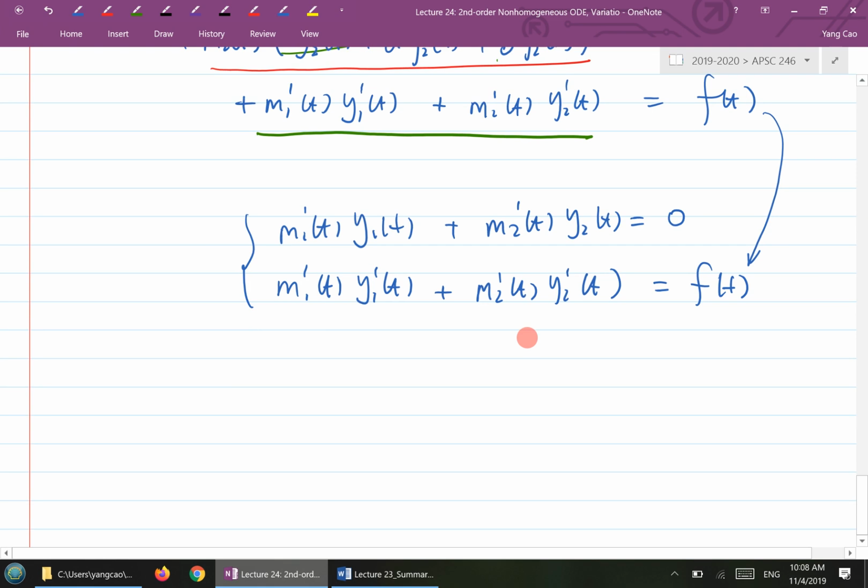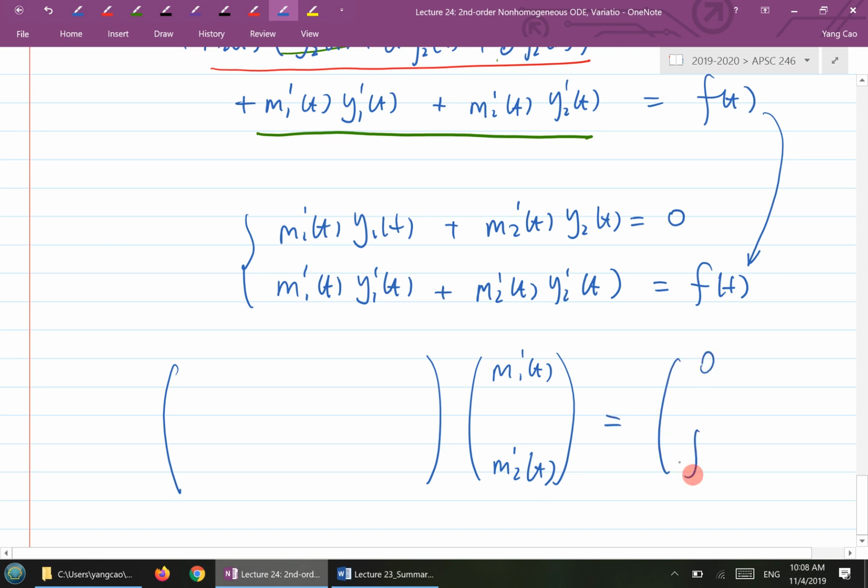So this is where your linear algebra will come in handy. I can rewrite this set of equations into a matrix format. The 2 by 2 matrix here is y1, y2, y1 prime, and y2 prime.